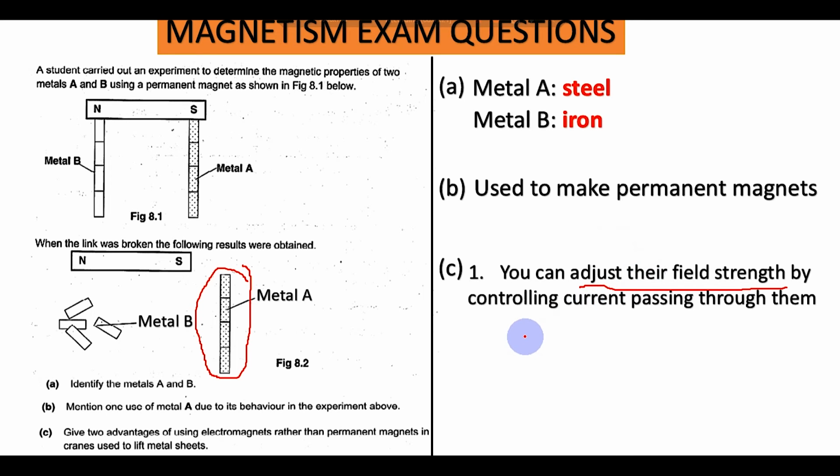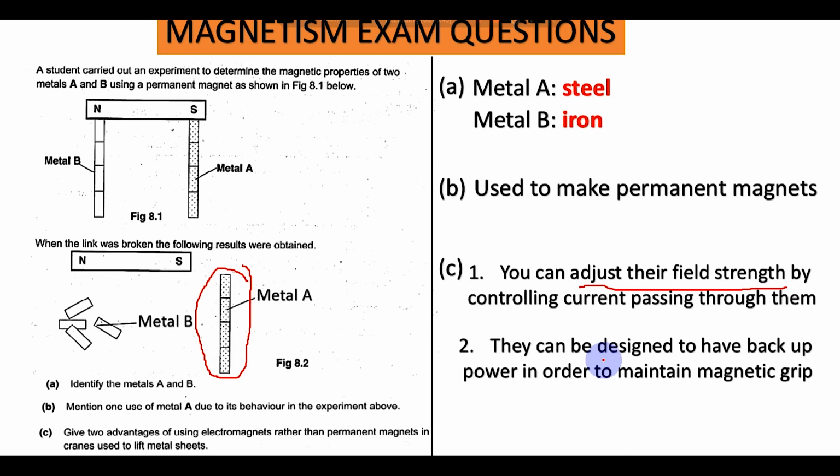Number two, in a case where there is a power cut, permanent magnets cannot be built with a backup power supply, so they cannot be made to have a power bank. But electromagnets can be designed in such a way that they have a backup power.